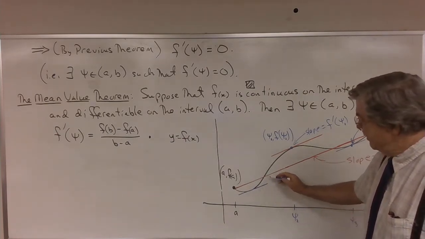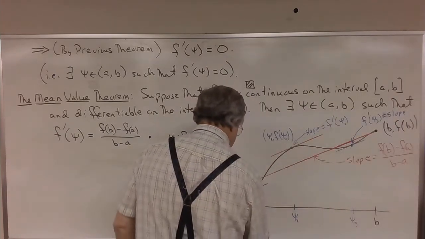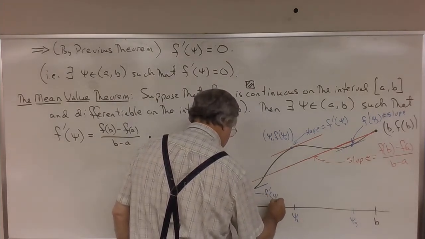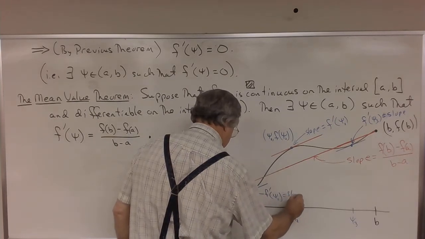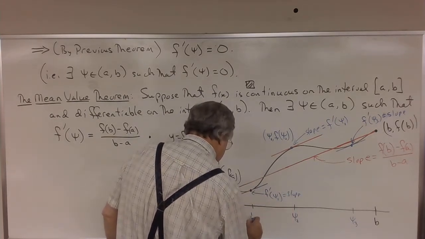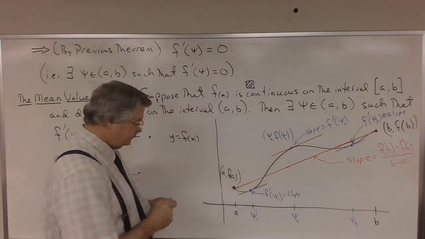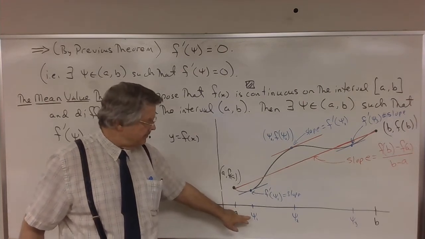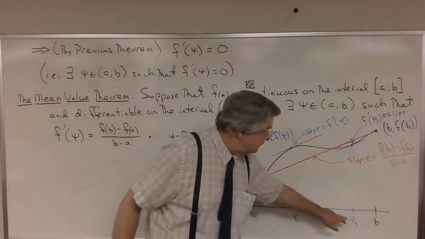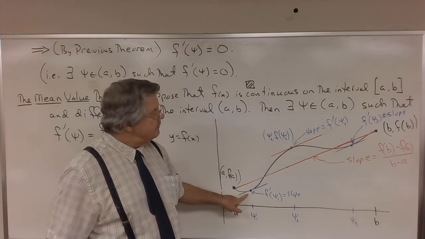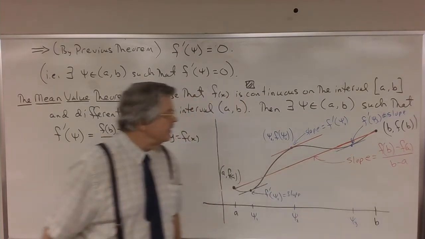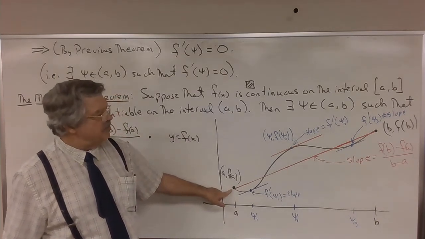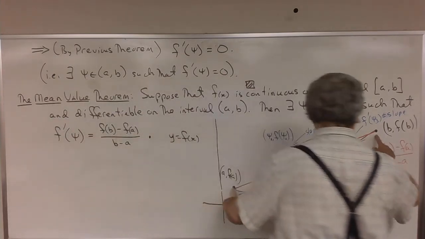This tangent is parallel to that line. So we'll call this psi 1. So in this example, there are actually 3 different x values, psi 1, psi 2, psi 3, where the derivatives at these 3 points are equal to the slope that connects the endpoints of this graph on a, b.